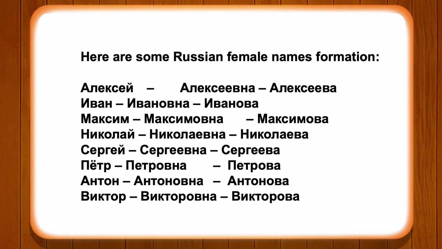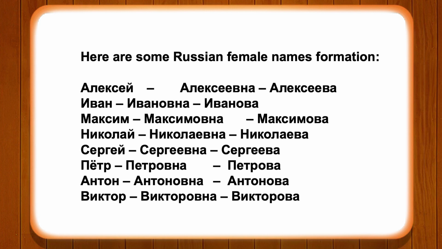Maxim is the father, and the daughter will become Maximovna, and the familia Maximova. Nikolai is the father, so the daughter's name, by now I think you can guess, Nikolaevna, and the familia will be Nikolaeva. Viktor, Viktorovna, Viktorova.